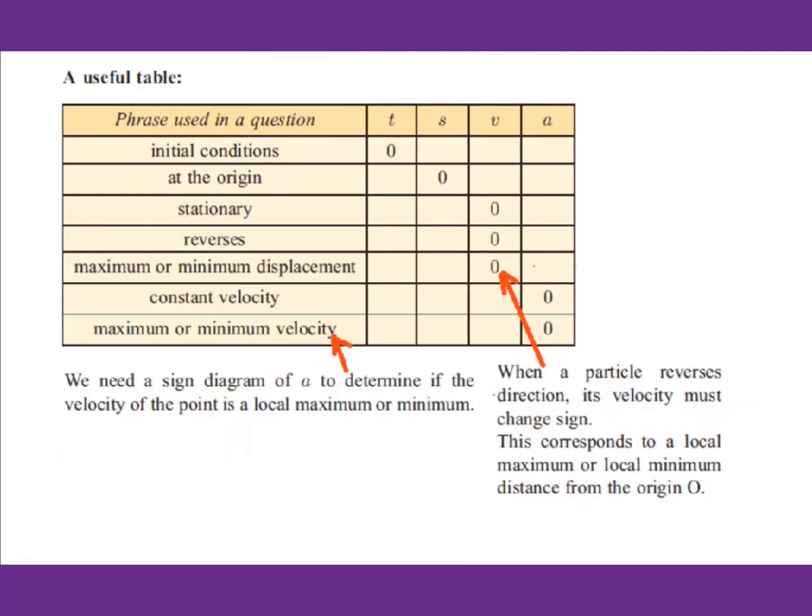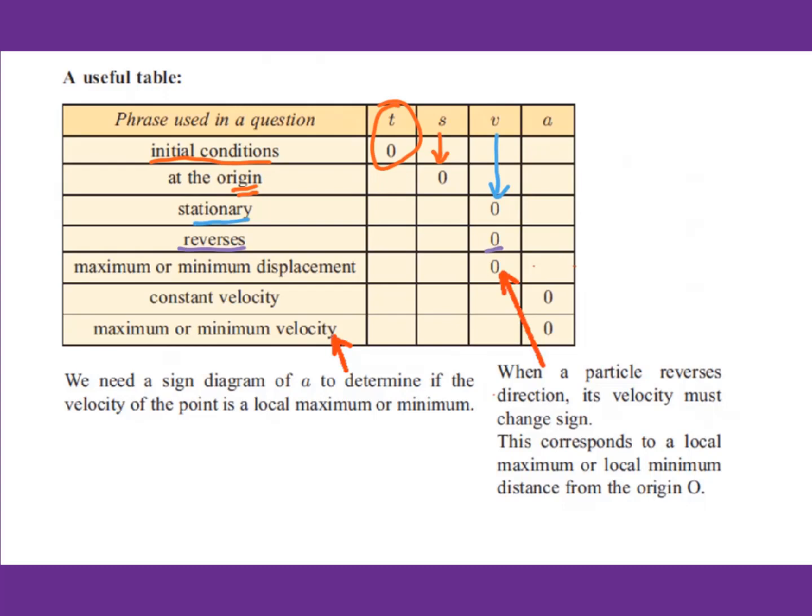Here's a very useful table you need to know. Initial conditions means t equals 0. At the origin means your displacement equals 0. Stationary point means the velocity equals 0. Reverse still means the velocity equals 0.